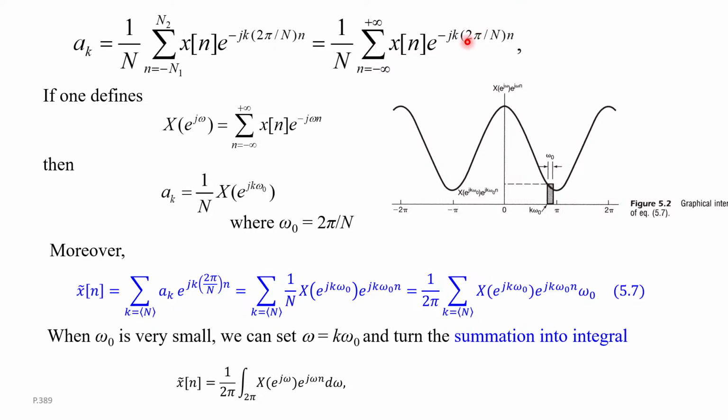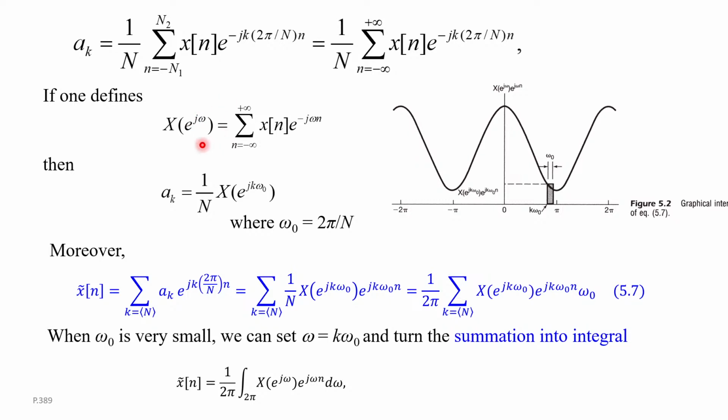And now we define a new function. This is some function in terms of omega instead of k. Okay? So yeah, similar to what we do in chapter 4 once again. So big X of e to the j omega.